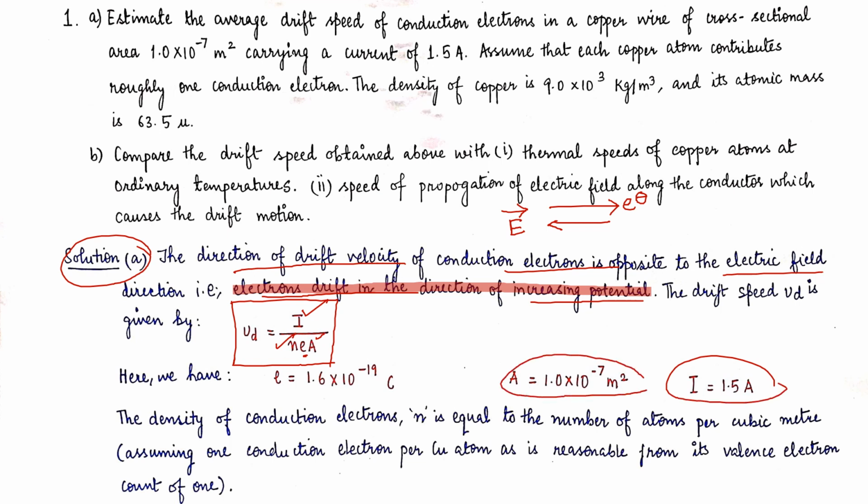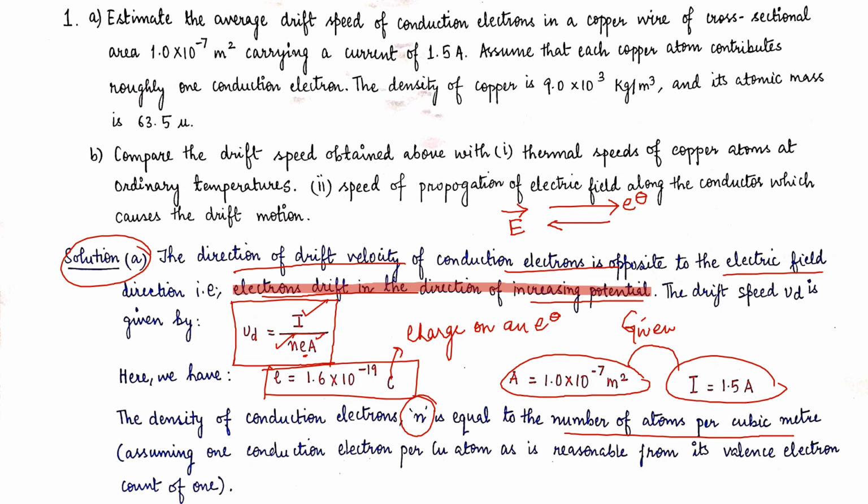Cross-sectional area is 1 into 10 to the power minus 7 meter square, again given in the question. This is universal: the charge on an electron is 1.6 into 10 to the power minus 19 coulomb. The density of conduction electrons, n, equals the number of atoms per cubic meter, assuming one conduction electron per Cu atom, as is reasonable from its valence electron count of 1.